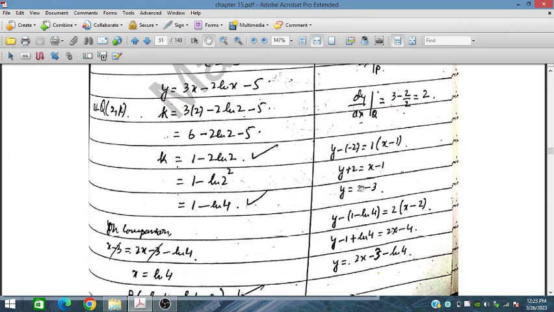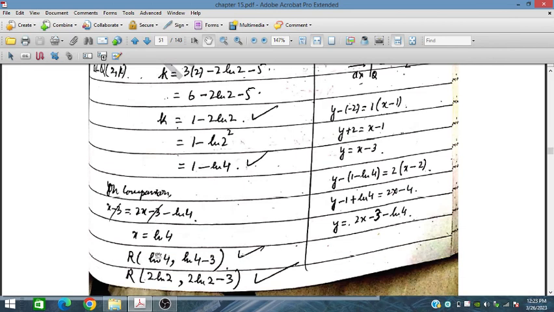So on comparison of this equation with this one, x minus 3 is also equal to y, and y is also equal to 2x minus 3 minus ln 4. So these two are equal. So on simultaneously solving, we can obtain the solutions.